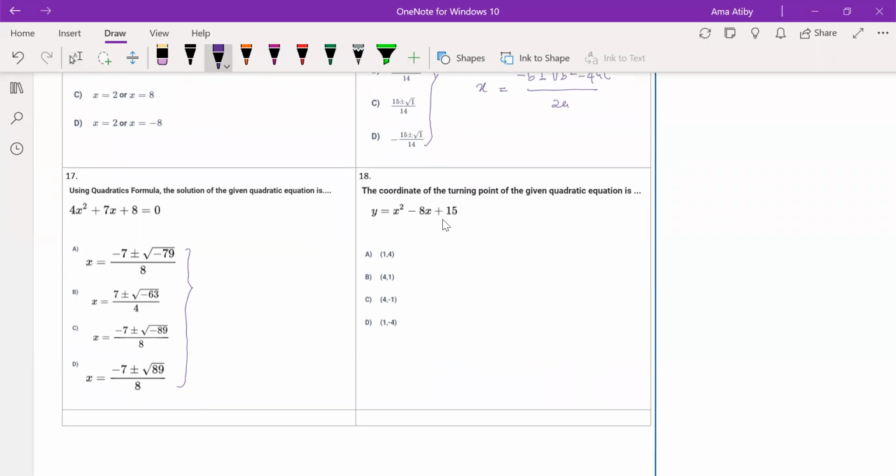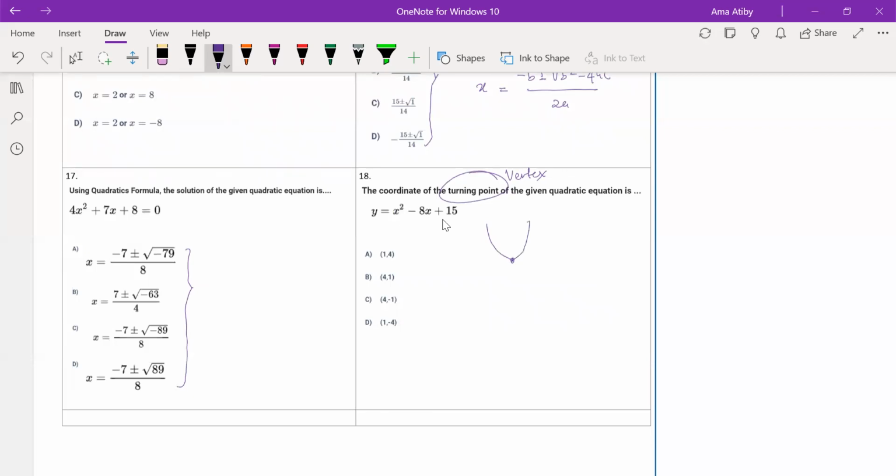And for this one, the coordinate of the turning point is the vertex. Another name for the vertex is turning point. For example, this parabola has a positive leading coefficient, and therefore it opens upwards, so first it is going down and then it is rising up.